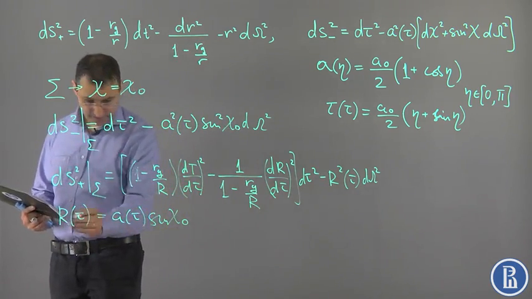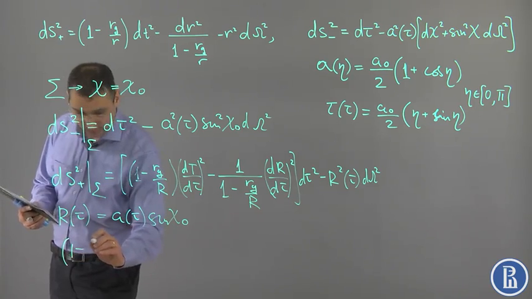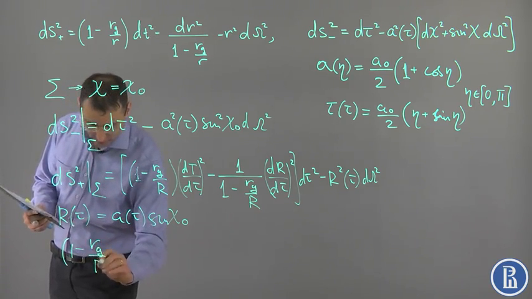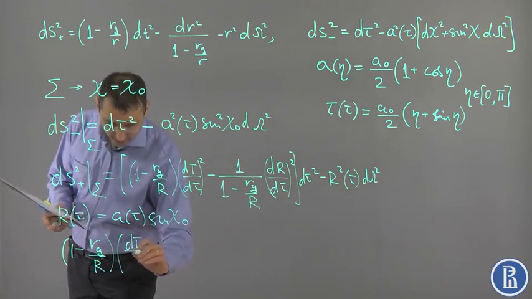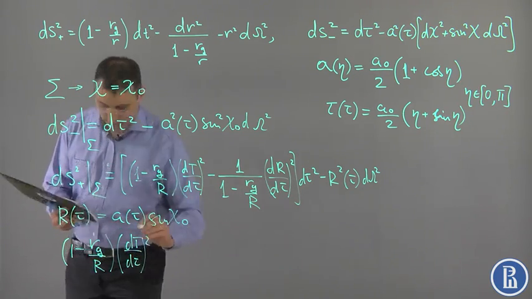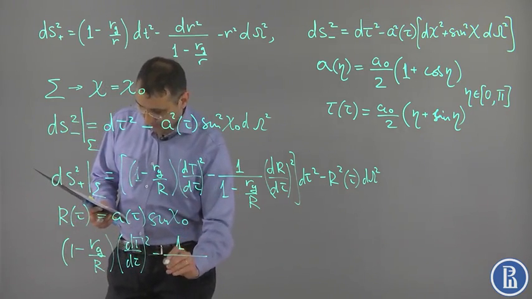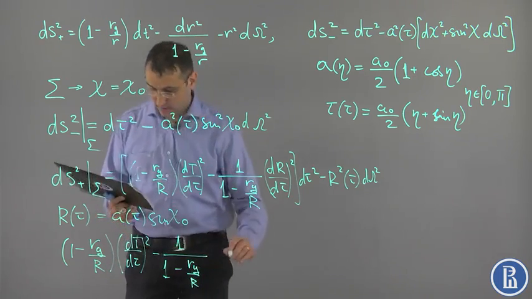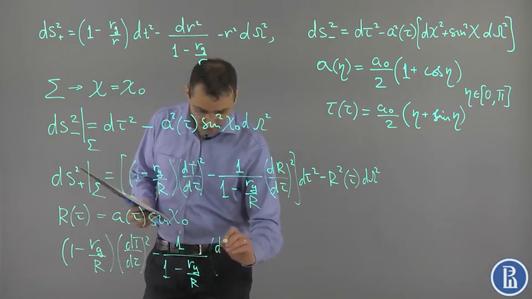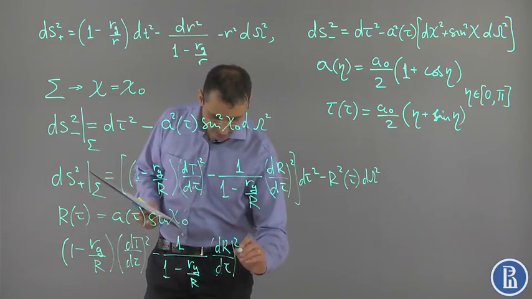So basically this sets the radius. And (1 minus rg over r)(dt over d tau) squared minus 1 over (1 minus rg over r) (dr over d tau) squared equals 1.